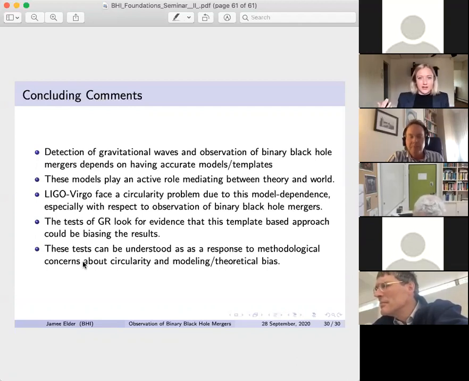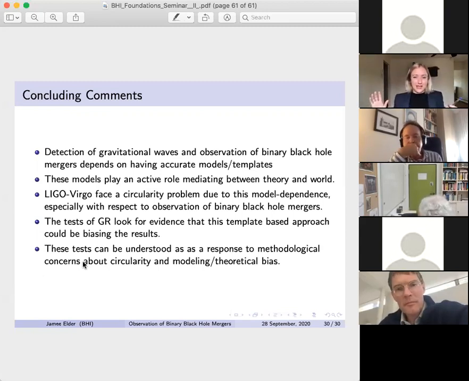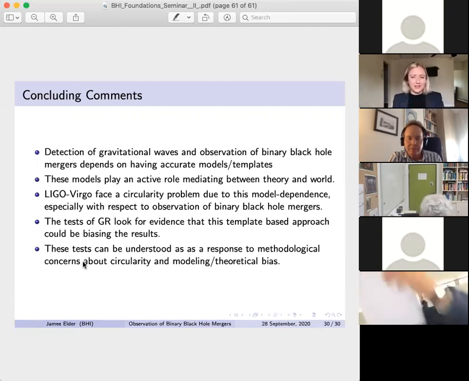And so this is precisely trying to get at the fundamental theoretical bias problem. Because of course, if you use this more generalized set of templates, and these extra parameters are supposed to be deviations from GR, there's one in the middle where all of those values are 0, and that's the GR template.